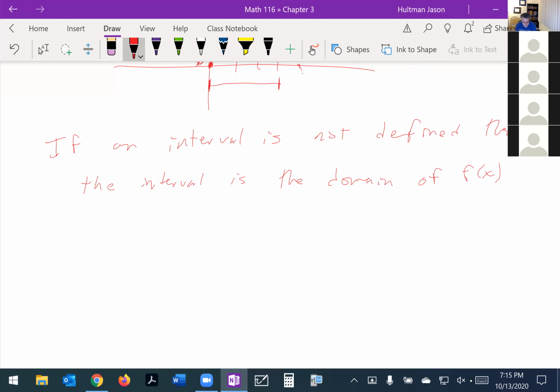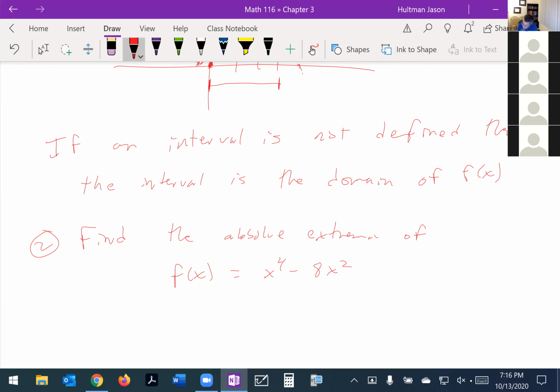Okay, so let's find the absolute extrema, not absolute value. Find the absolute extrema of the following function. f of x equals x to the 4th minus 8x squared.